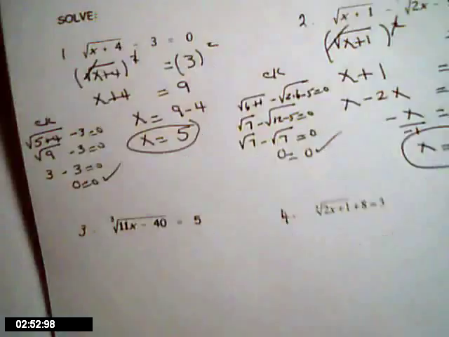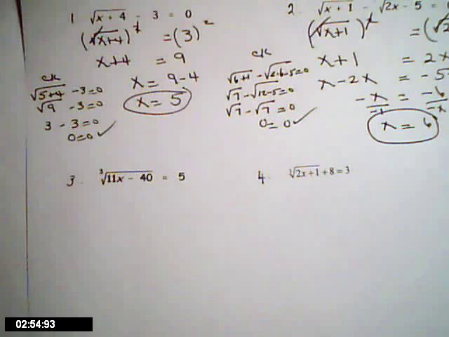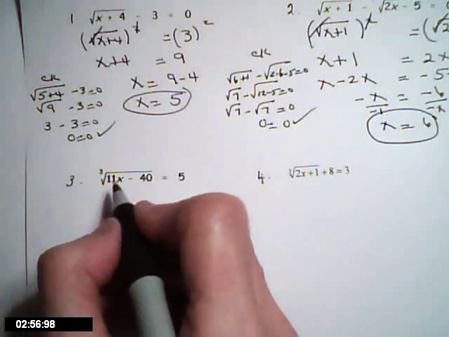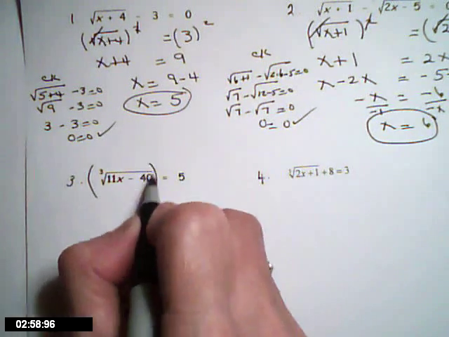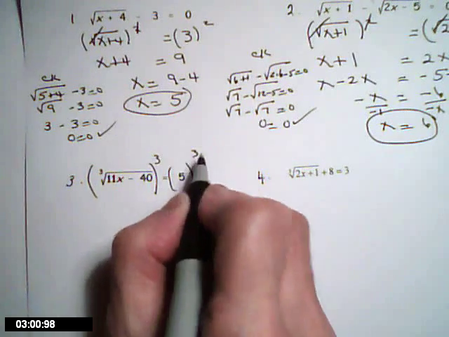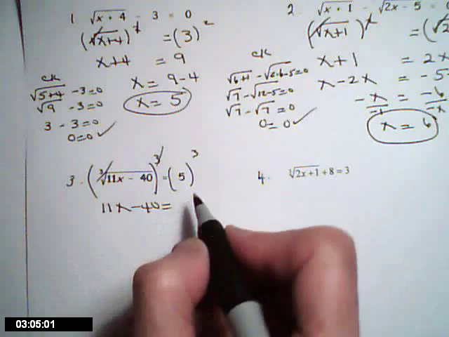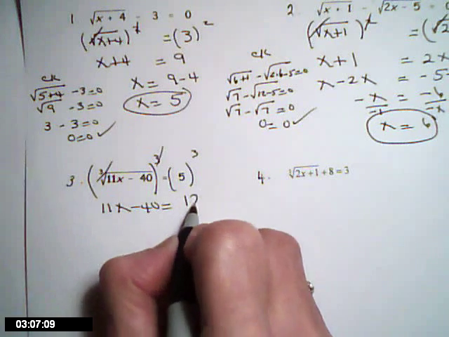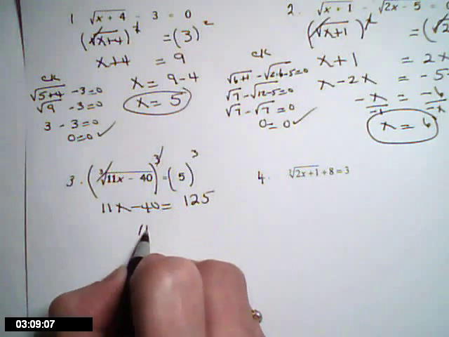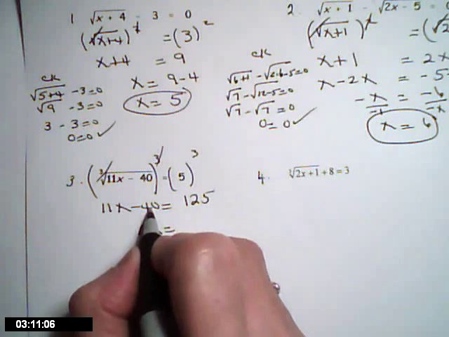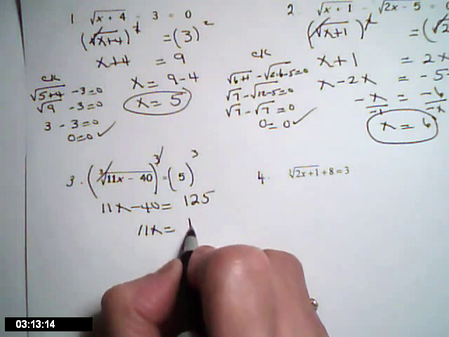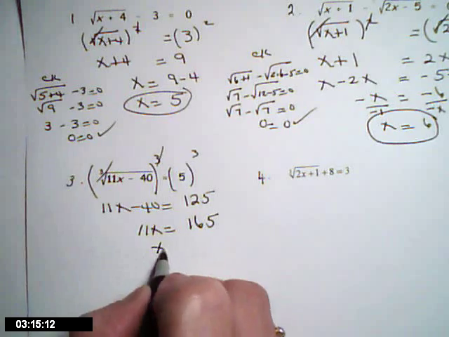Alright, problem number 3. Now remember, these just had to be a radical. This one is a cube root. Now to undo a cube root, you raise each side to the third power. So I have 11x minus 40 equals 5 times 5 times 5, or 125. I'm going to move the negative 40 over, it becomes positive, so that becomes 165.